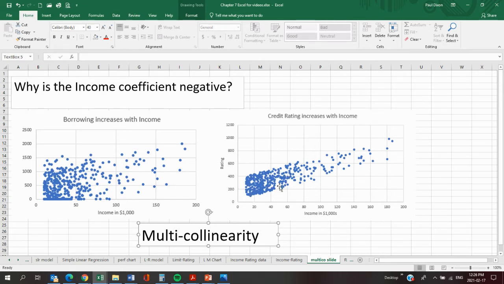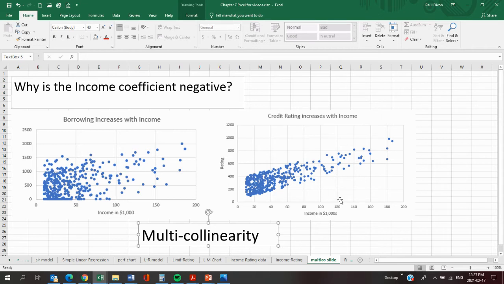It's not as strong a correlation as we saw between limit and rating, but still it's really high. So what's happening here is that income and rating are correlated with each other. Income gives me some insight about rating, or rating gives me insight about income.